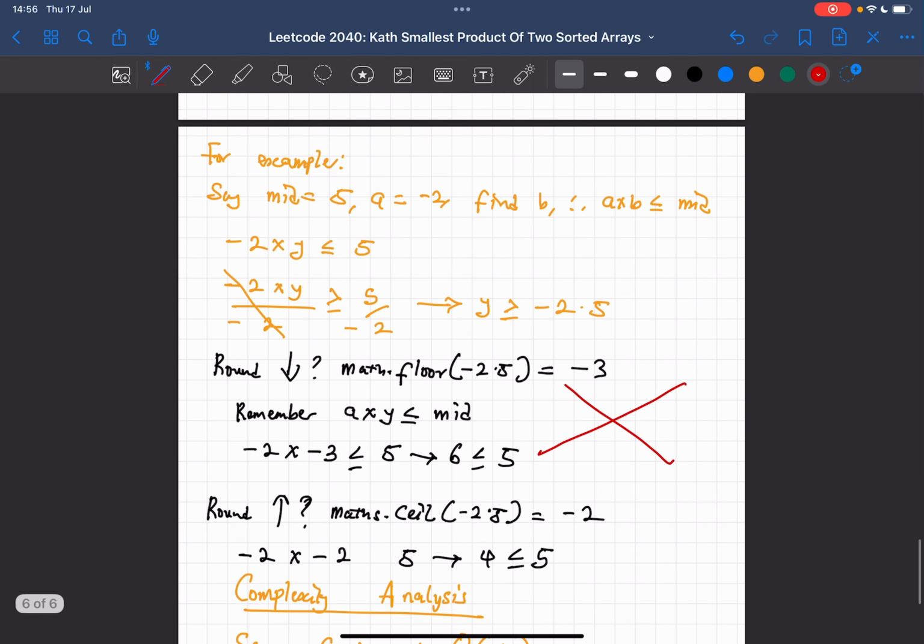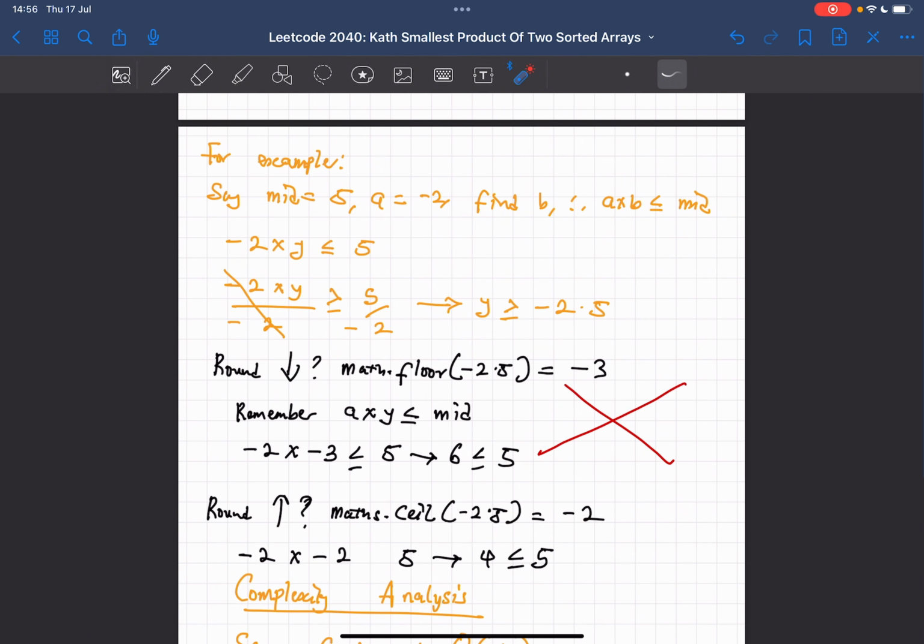But if we decide to round up, let me get my ink. We round up here by applying, say, the ceil function in Python. It means that negative 2.5 will become negative 2.